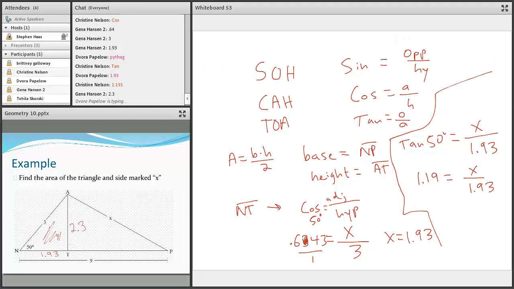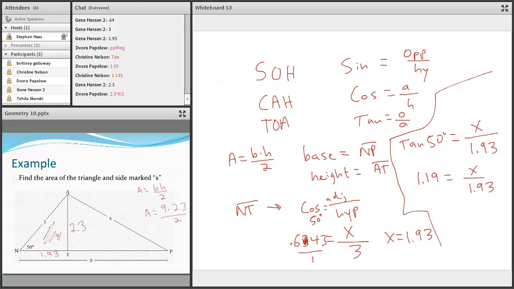What's the base? Okay, so the area is 9 times 2.3 divided by 2, and I've got approximately 10.35.